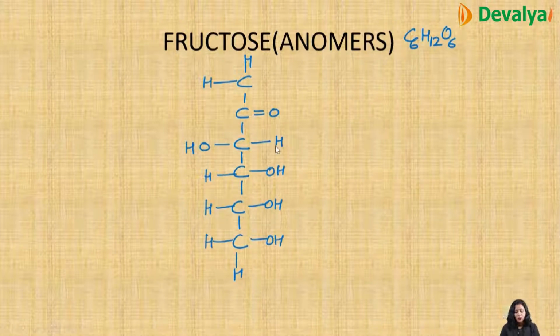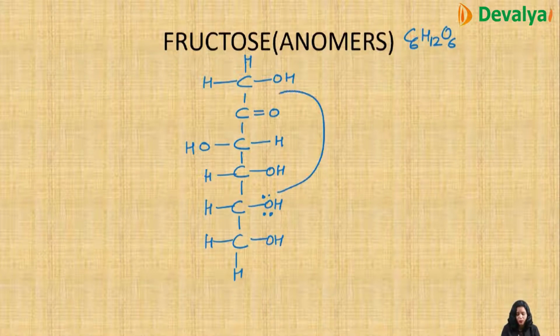Right? Now what we'll do, there is also OH. We'll make the anomers of the same. Again C5 and C2. This will move here and this will come here. Now we'll draw the anomer of the same. Now this is your 1, 2, 3, 4, 5 and 6.